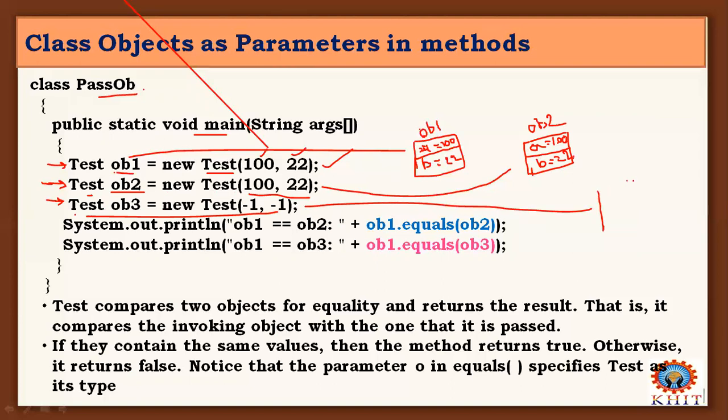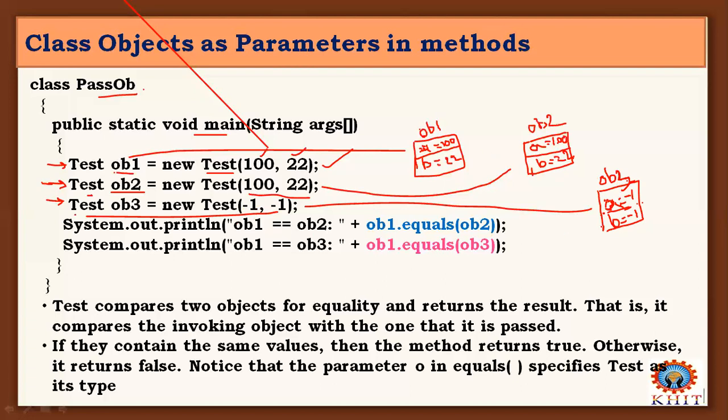Again some part of memory is created, with the same instance variables that the test class has, A and B. The values we passed here are -1 and -1, so A contains -1 and B contains -1 in this object.